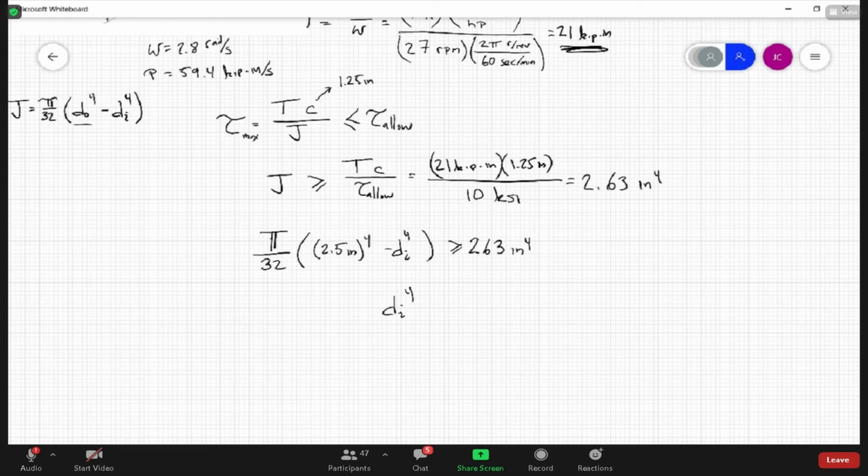Well, there's a negative here. So 2.63, 32 times pi divided, and then 2.5 to the fourth.